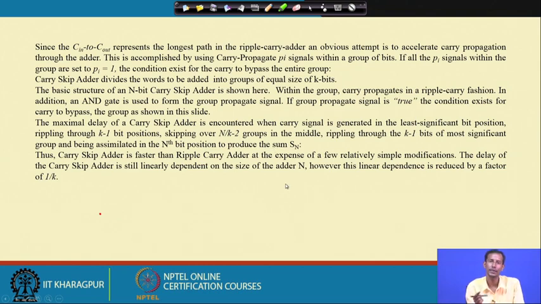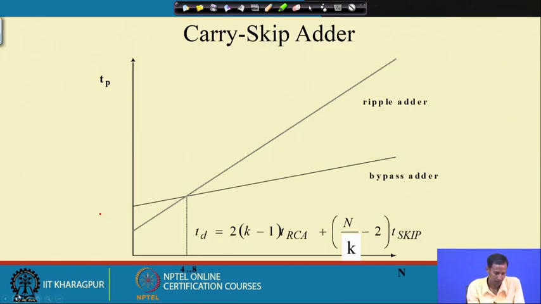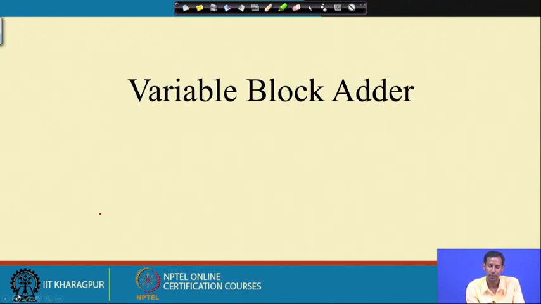So if I get a carry in the LSB position, it has the longest path to be covered. Based on that, we are trying to develop this variable block adder.